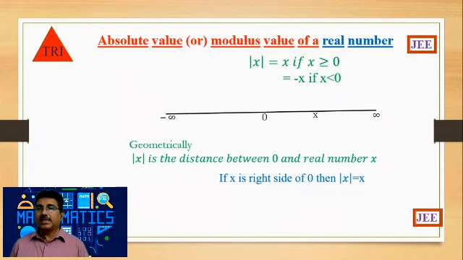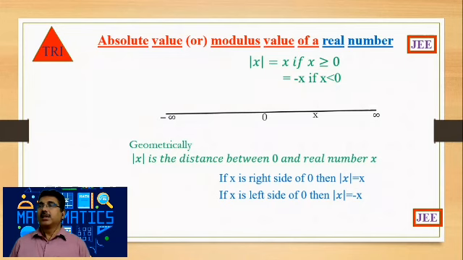If x is on the left side of 0, then mod x equals minus x. Some of the students think modulus is always positive, but why are you writing a minus sign in the definition of modulus?